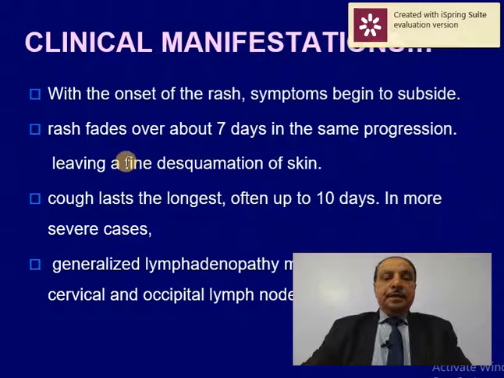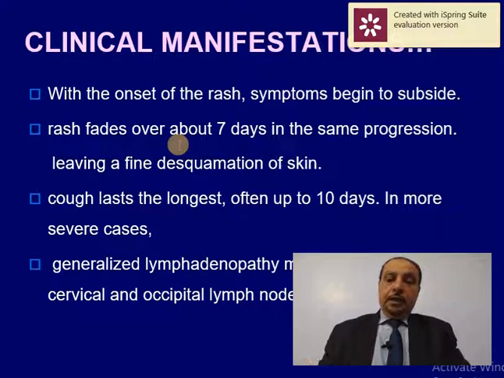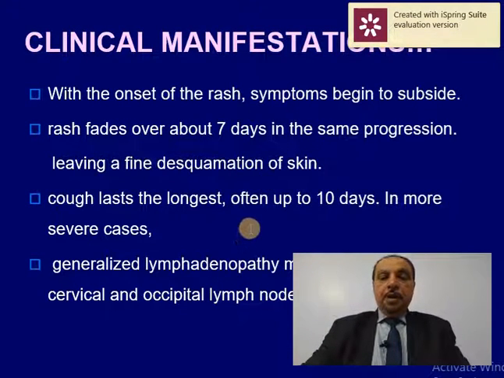Usually in measles, there is a dry, very irritative cough, and usually it lasts for a long time, often after relief of the rash, about 10 days, and some cases may be more than that.